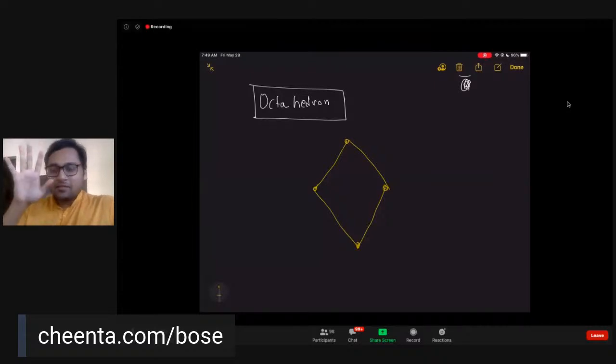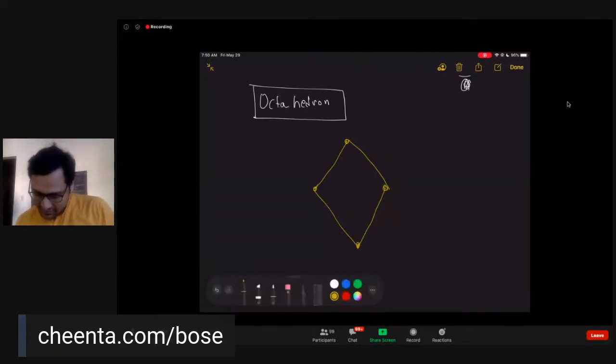So draw a barfi on the board. And then draw a flat barfi. So how does a flat barfi look? It's somewhat like this.